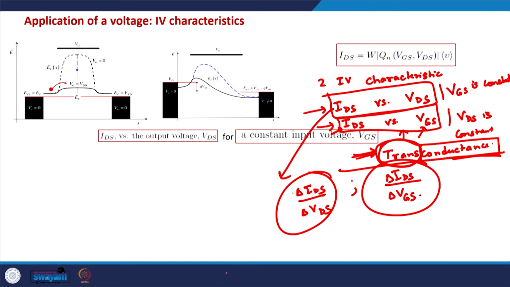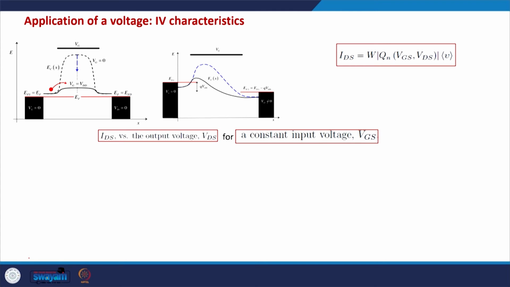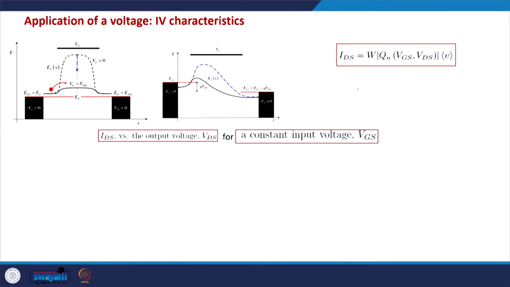Now the MOSFET IV characteristics is an interesting one, and it can be broken down broadly into two parts, although there are three regimes. In the IV characteristics, there are three regimes.